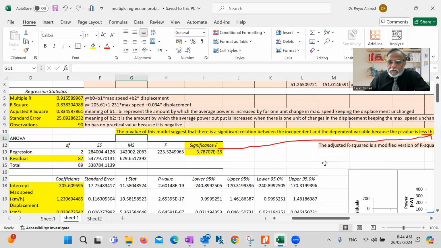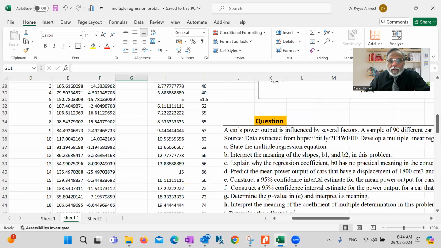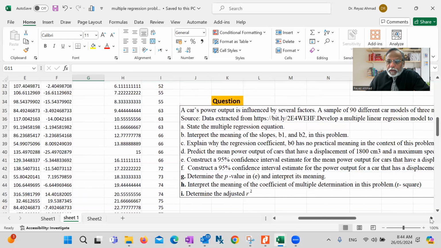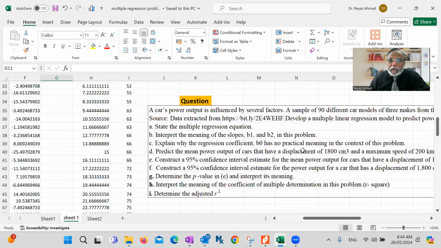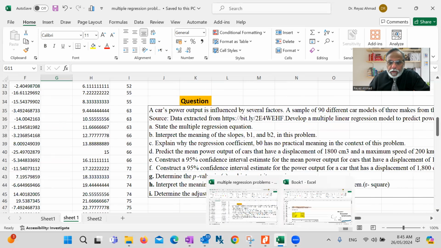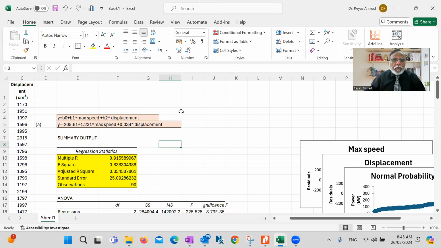Next question is: predict the mean power output of cars that have a displacement of 1800 and a maximum speed of 200 km/h. This is given, and I will show you that here in the new sheet. I want the y value.